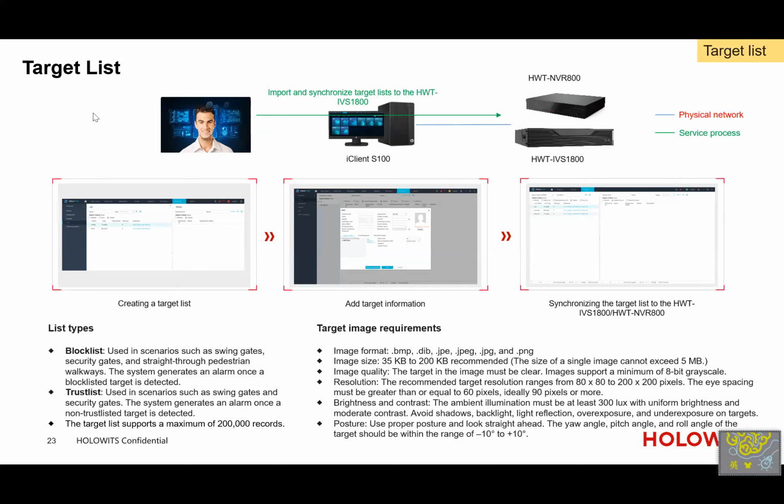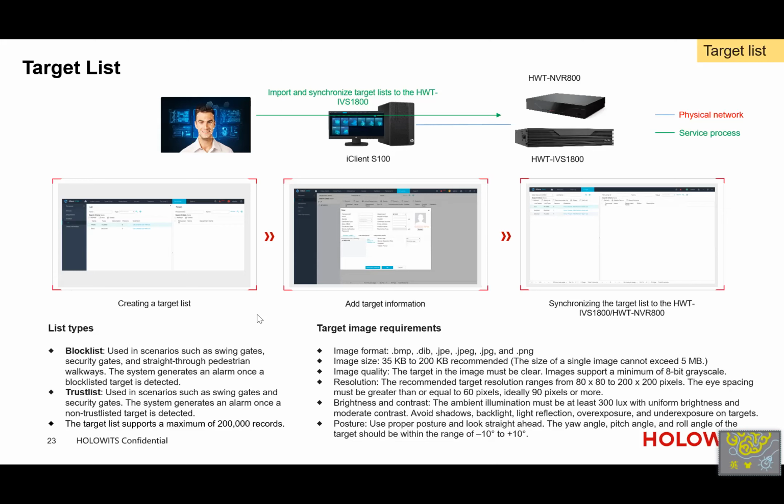Okay. This section is about the target list library. If you have a company, you can input some employees' information into the S100 and assign it to the blocklist, allow list, or a chosen list. Then synchronize the target list to the IPC or NVR so that we can configure the target recognition task on the S100.